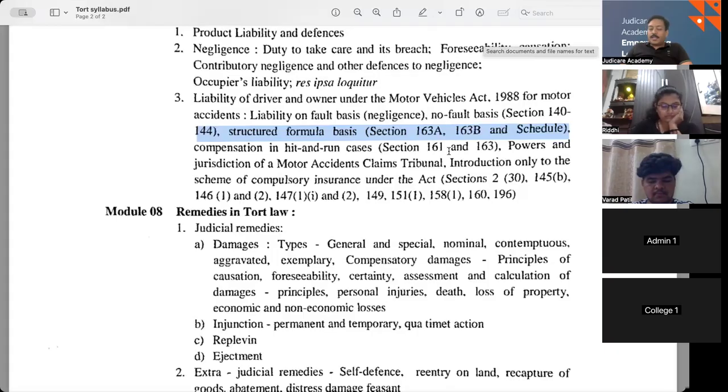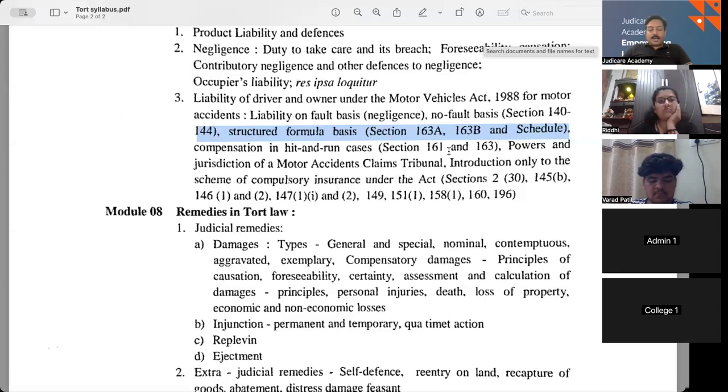So in this case, sections 161 to 163, which deal with compensation in hit and run cases, the law is actually providing a mechanism for compensation in situations where the identity of the driver responsible for an accident is unknown, ensuring that victims are not left without recourse. So even if there is a hit and run case where somebody flees the scene and remains unidentified, whom will you go and sue, whom will you take money from?